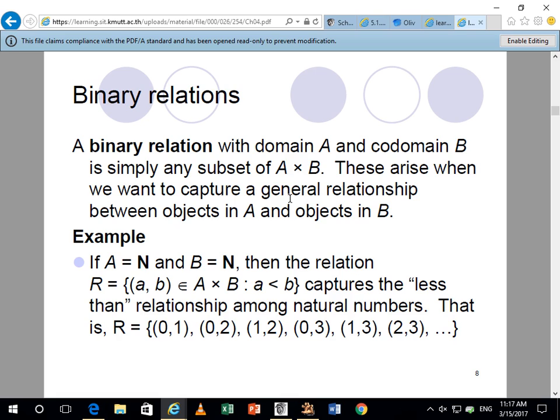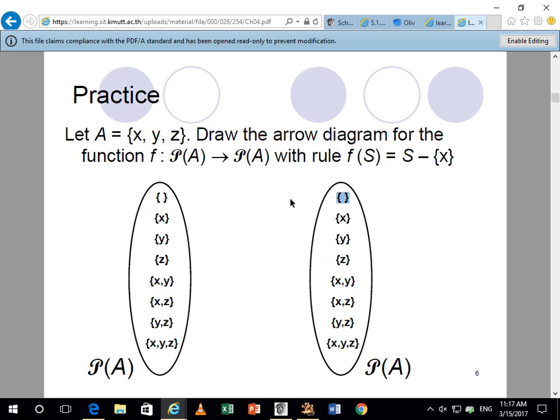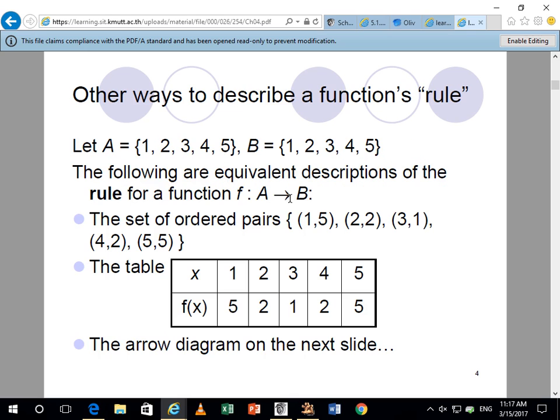So we define binary relations with 2 domains. A is the input, and the output is codomain B. That means it's like before, you have A mapping to B. Okay, domain A, codomain B.